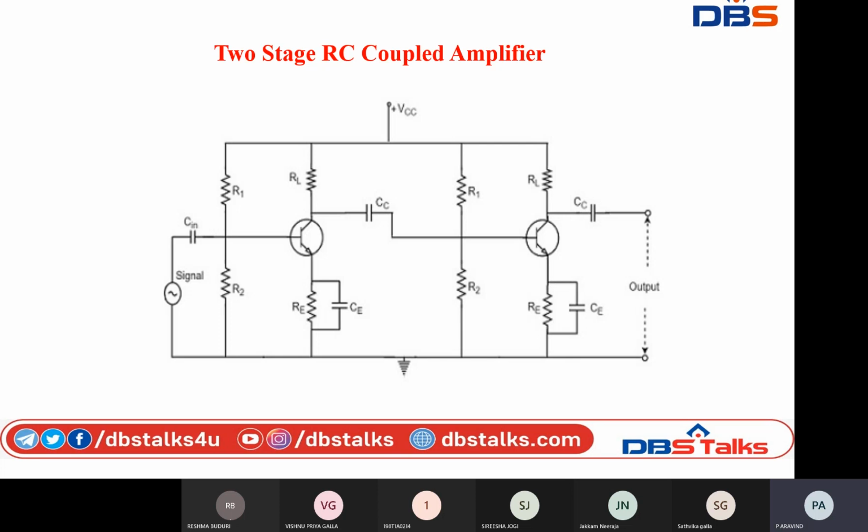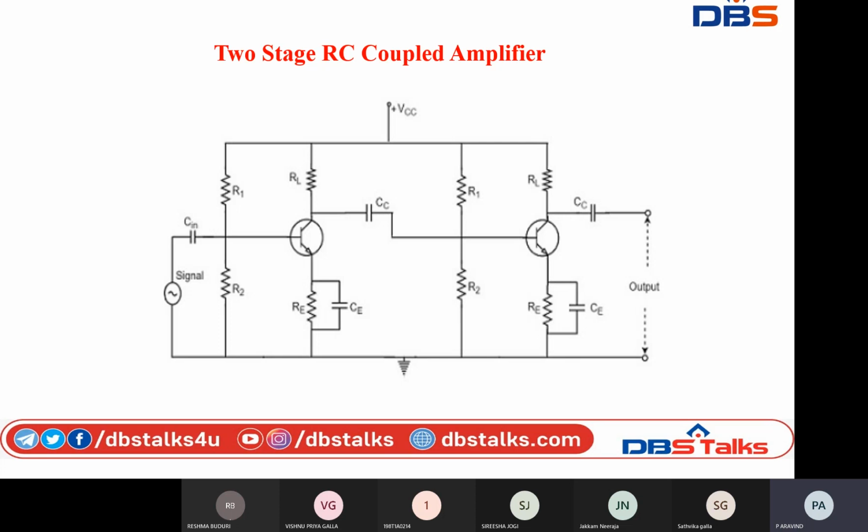So the input capacitor Cin is present at the initial stage of the amplifier, which helps to couple the AC signal to the base of the transistor, right? The capacitor Cc is the coupling capacitor that connects two stages.